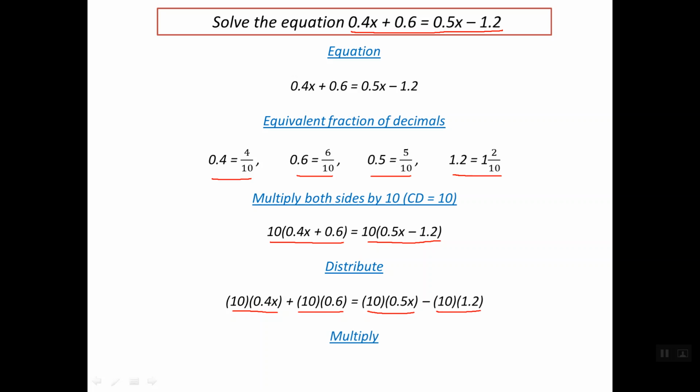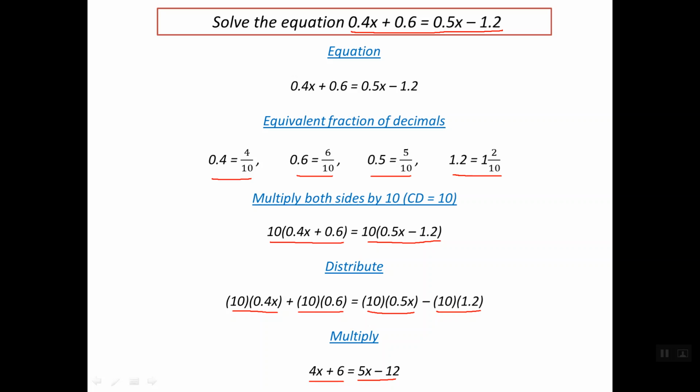Now we can multiply. For the left side we have 4x plus 6, and the right side we have 5x minus 12. Now we have a linear equation where the variable is on both sides of the equation, and the constants are also on both sides.